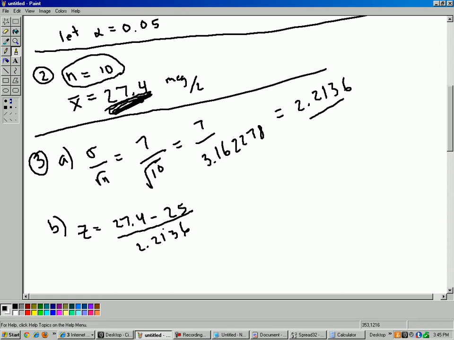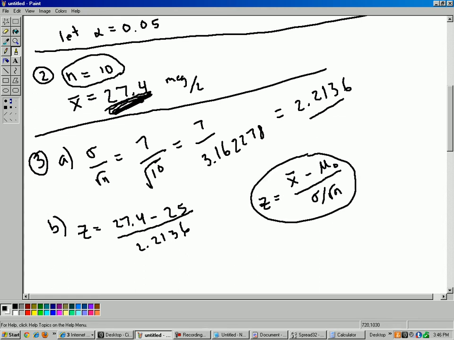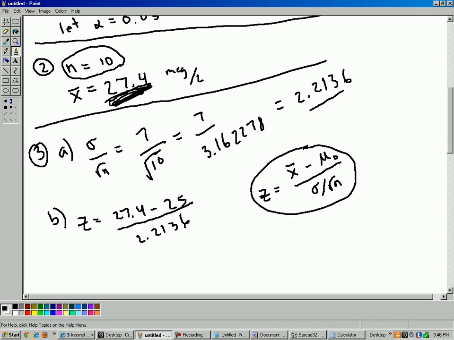It's your same old z-score formula that you learned about a long time ago, but we can use different notation here. It's x bar, the sample mean, minus the null hypothesis, divided by the standard error of the sampling distribution, which is sigma over square root of n. So it's the same z-score formula, but we're changing the symbols around a little bit.